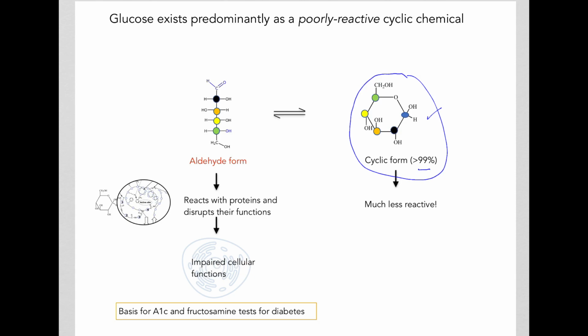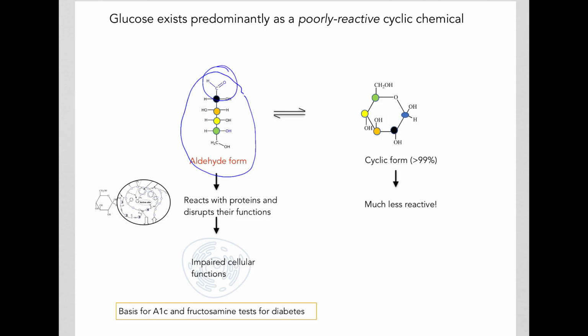And notice that in this cyclic form, there are no aldehydes or ketones. So therefore, this is much less reactive and it's a much safer form of glucose as far as reactions with other chemicals is concerned. However, there is a small amount of glucose that is found in the aldehyde form.